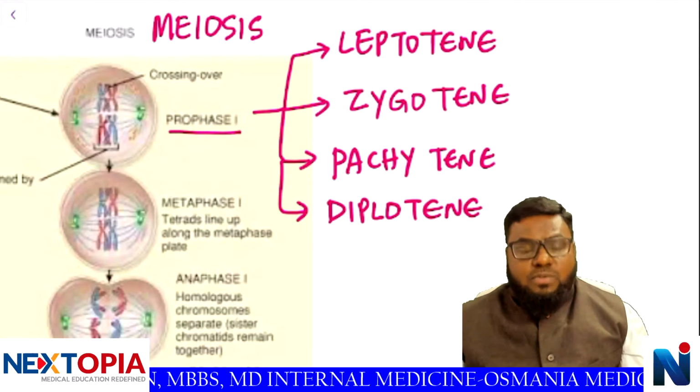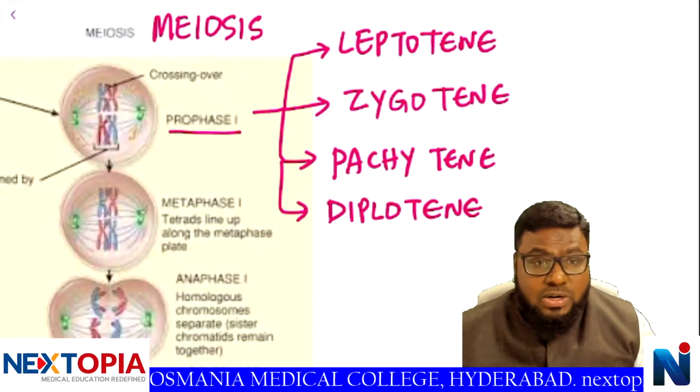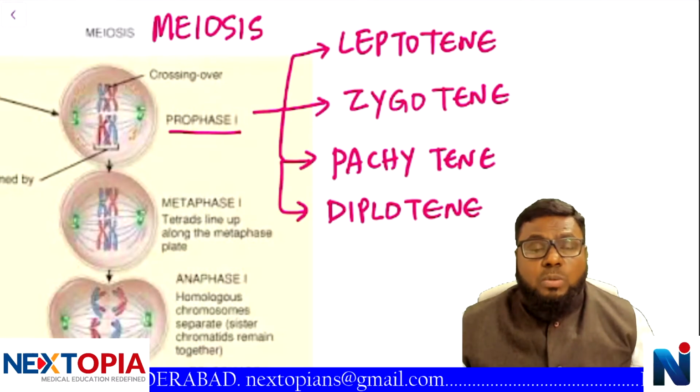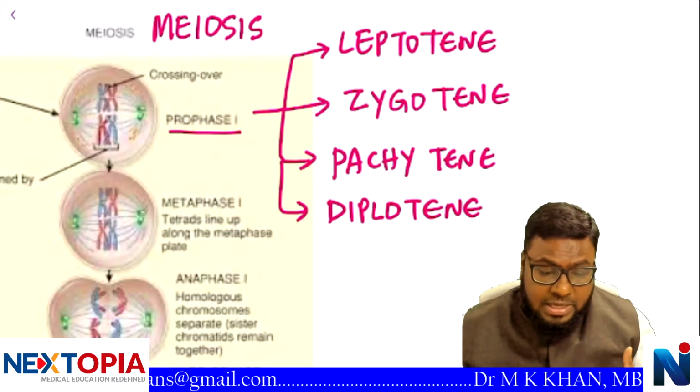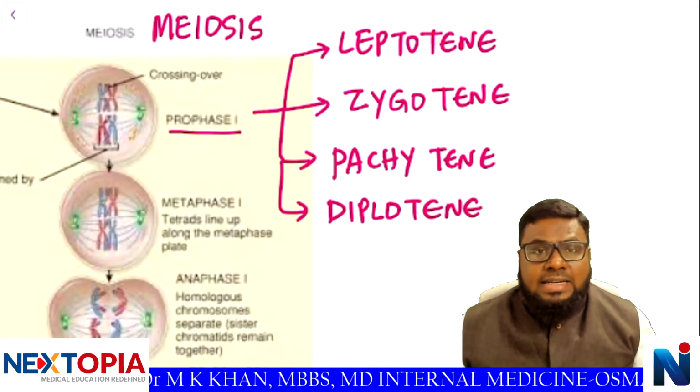What is leptotene? Here the chromosomes are becoming much more visible, as in mitosis. The chromosomes consist of two chromatids, and leptos means they are becoming more and more dense and distinct.